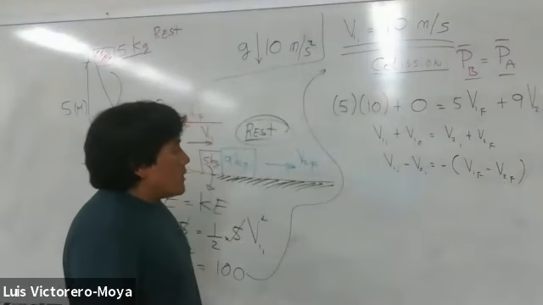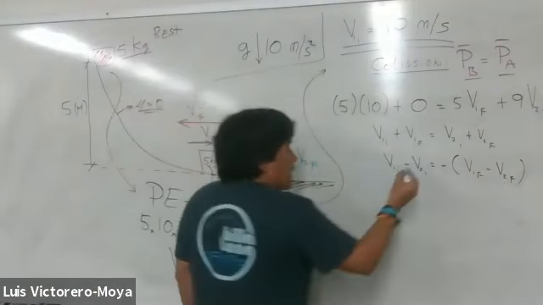But we know V2 initial is 0. V1 initial is 10. 10 is equal to minus V1 final plus V2 final, right? The minus gets distributed. And this equation gives us 50 equals 5V1 final plus 9V2 final.